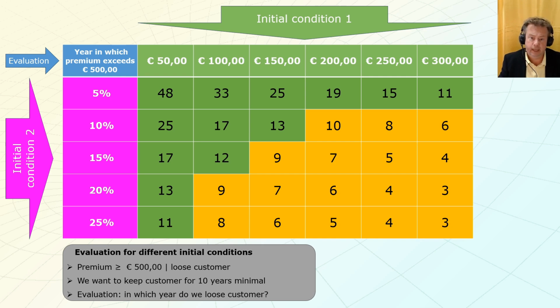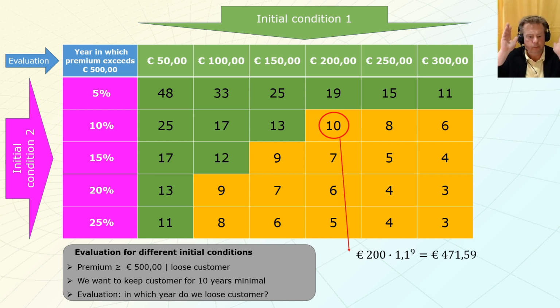If you look at the top left, 48, this means if you start out with a policy that's 50 euros, the column, and you apply 5% each year, the row, then in year 48, the premium will go beyond 500 and it will be cancelled. Let's look at this number, number 10. First, I want to go back to year number 9.